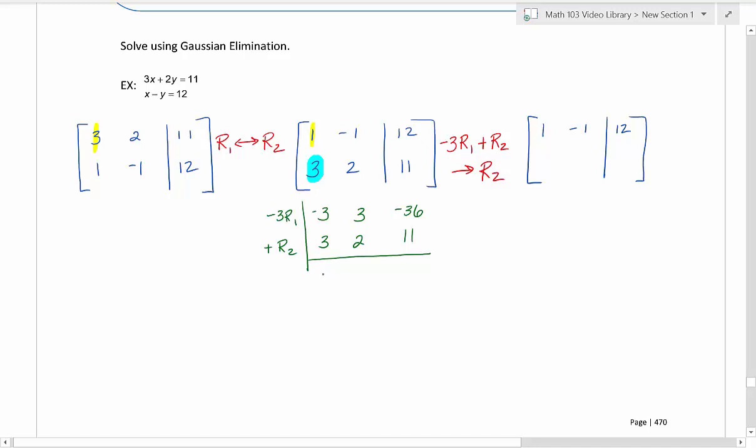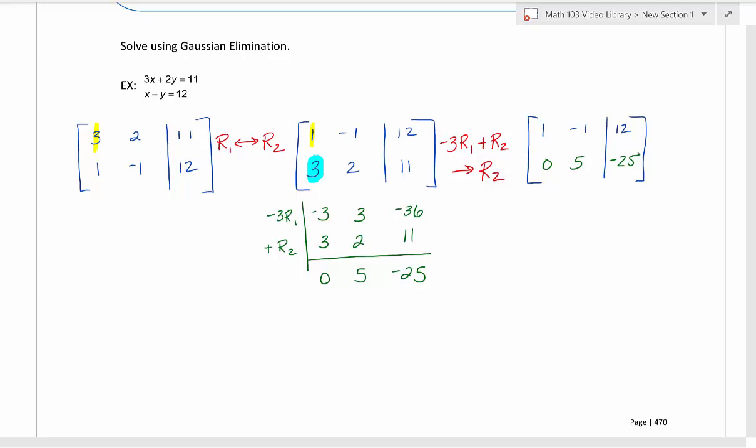And when I add this together, that will be my new row 2. So we get 0, 5, -25. That's our new row 2. Our first column's taken care of. We have a leading one first row, first column, and zeros below.